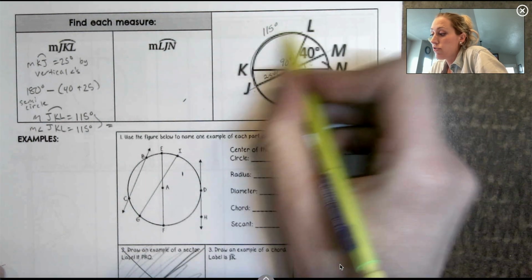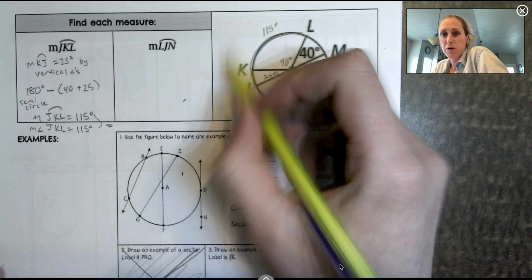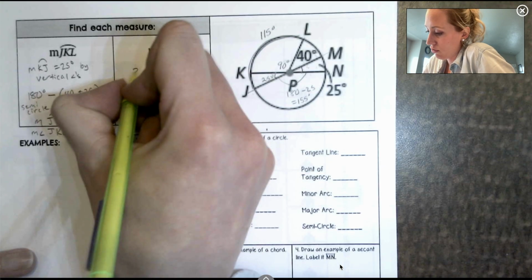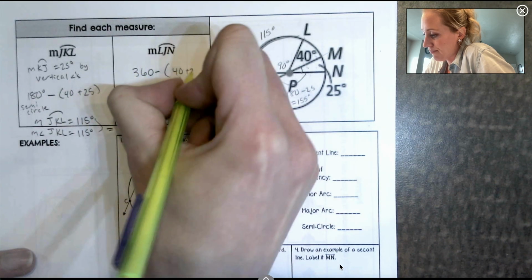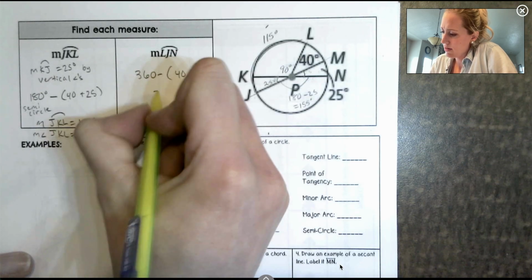Or I could have also done 360 minus these two, because all the way around is 360, and then subtract these two. So that one's actually probably a little quicker. So I'm going to do 360 minus 40 plus 25. Which is what, 295, I think there?